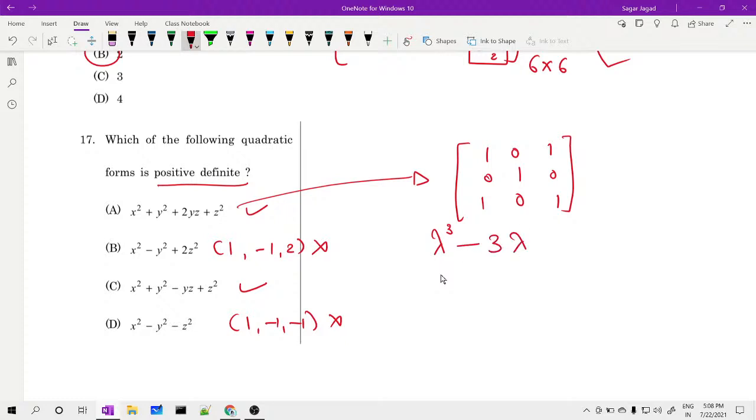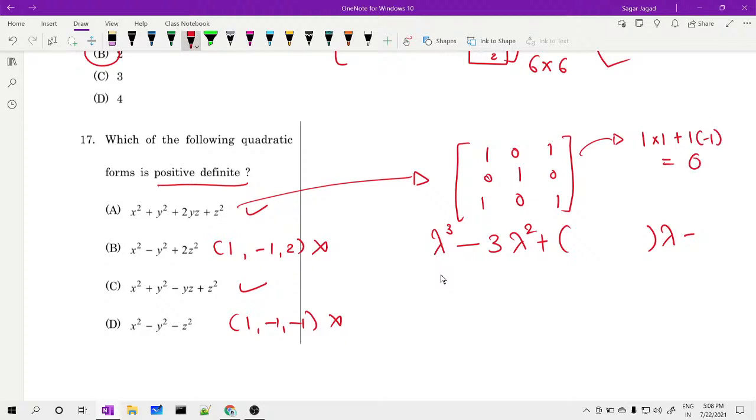So it is lambda cube minus 3 times lambda square plus a11 a22 lambda minus the determinant. What will be the determinant? What is the determinant of this? If I observe, my determinant is 1 times 1 plus 1, yeah, 1 times 0 and minus 1, so it is minus 1, so determinant is 0.